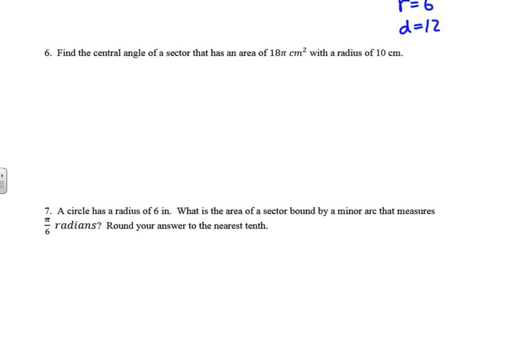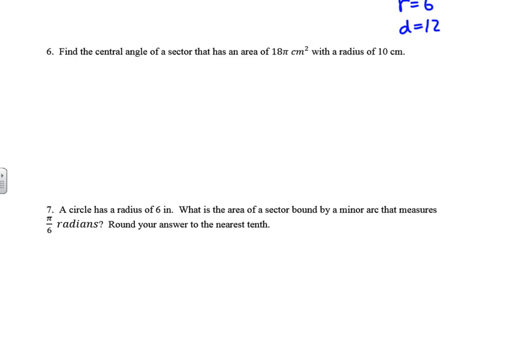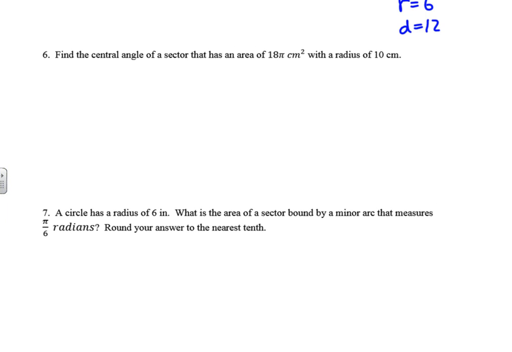In number 6, we're going to find the central angle of a sector that has an area of 18 pi with a radius of 10 centimeters. All right, so let's begin by drawing a circle. Come back, circle tool.